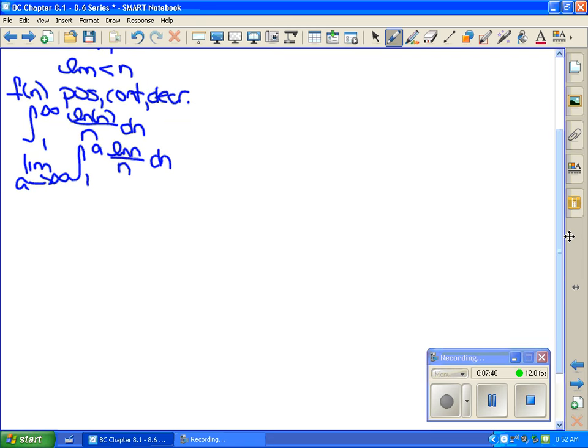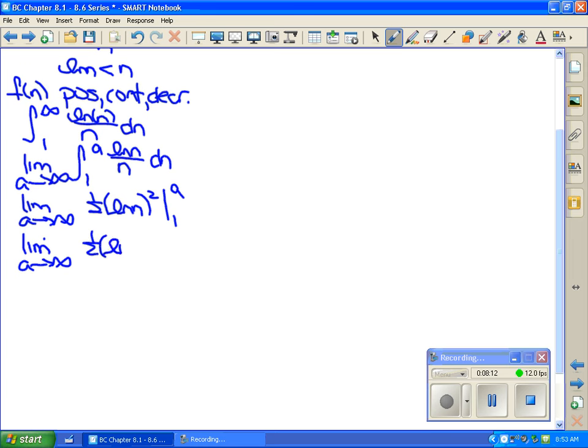So the integral of this would be the limit as a approaches infinity, actually, if you let u equal ln of n, this will be 1/2 natural log of n quantity squared from 1 to a. Don't forget to make your substitution a separate step before you do the limit.